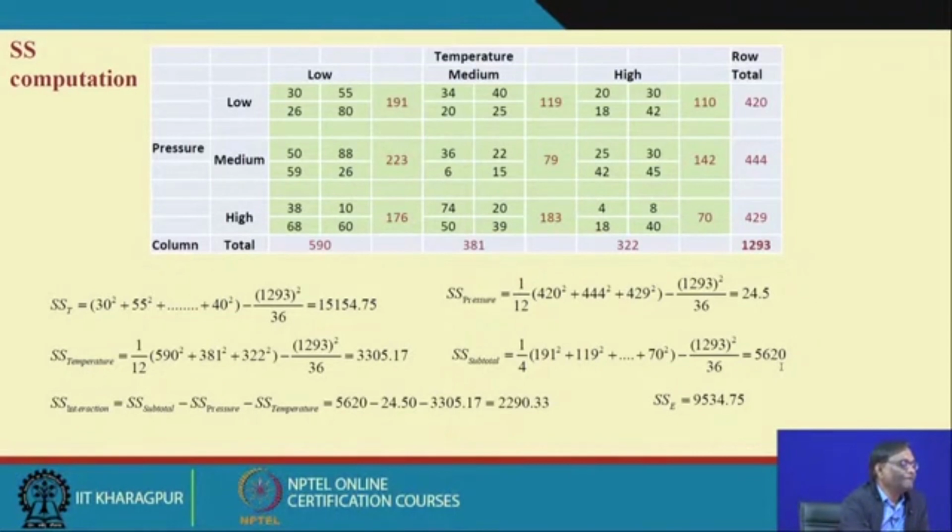Then SS interaction is the subtotal minus temperature and pressure, and SSE is SST minus SS subtotal. SS subtotal is 5620. So, this gives you this value.